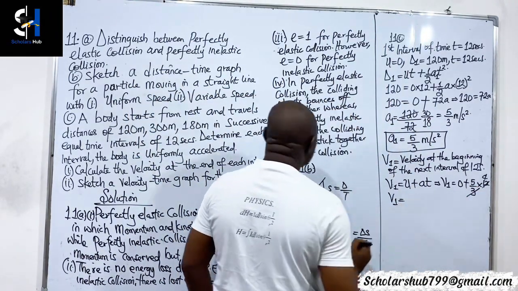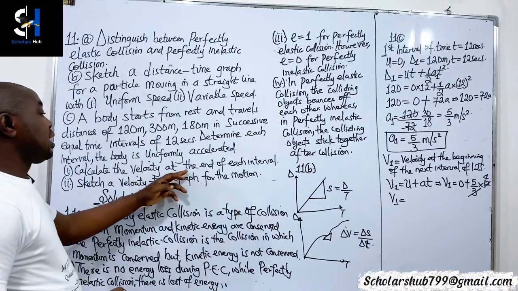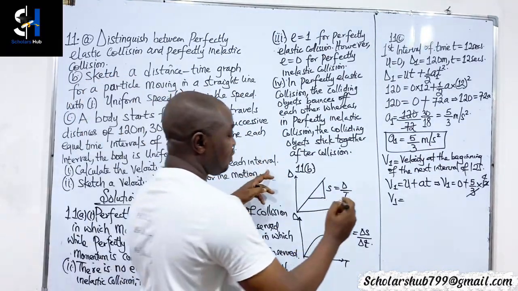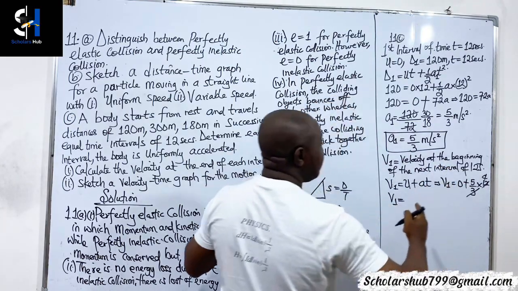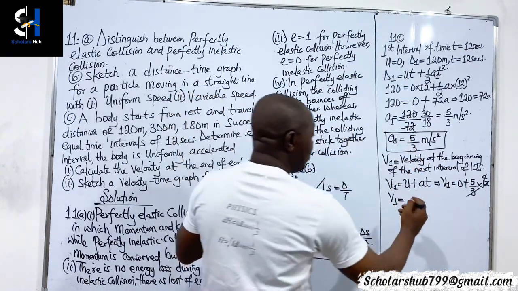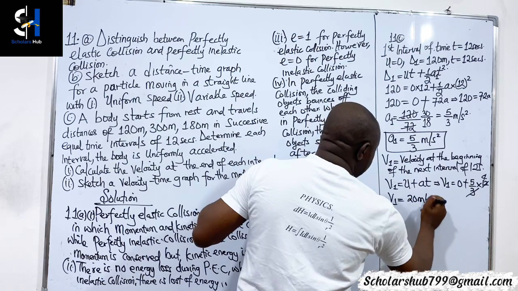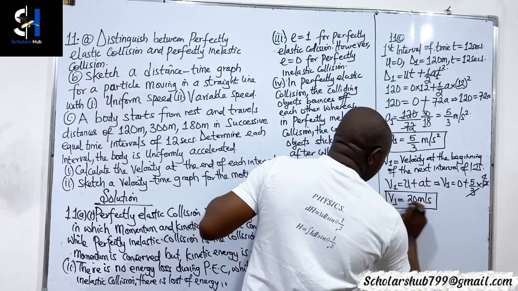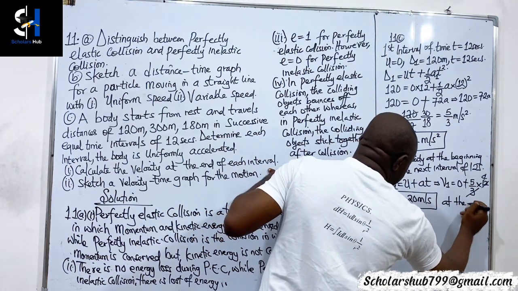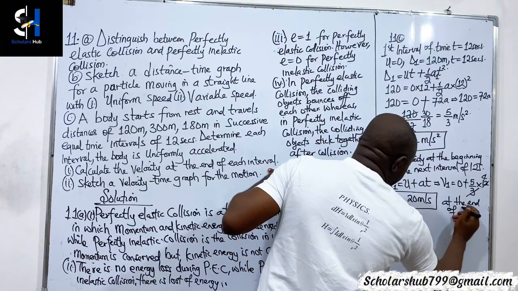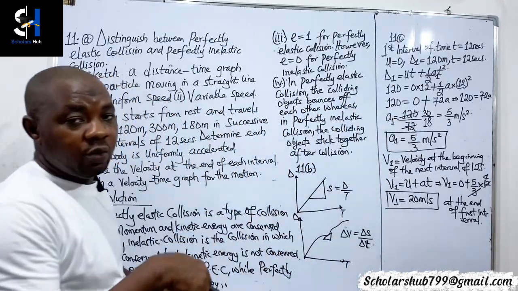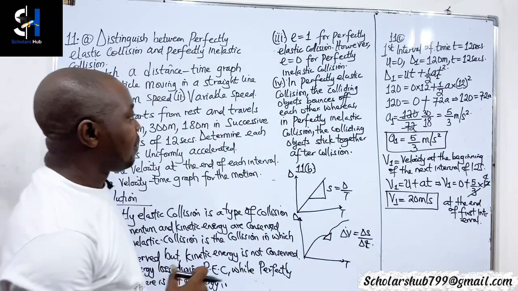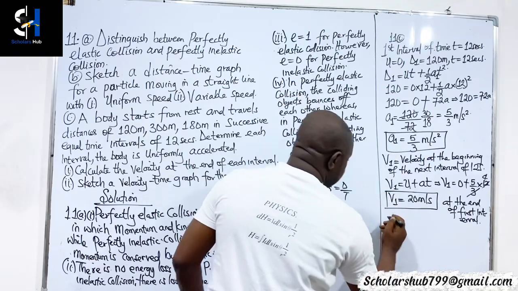So the velocity at the end of the first interval, which is the velocity at the beginning of the next interval, is 20 meters per second. That is for the first interval.